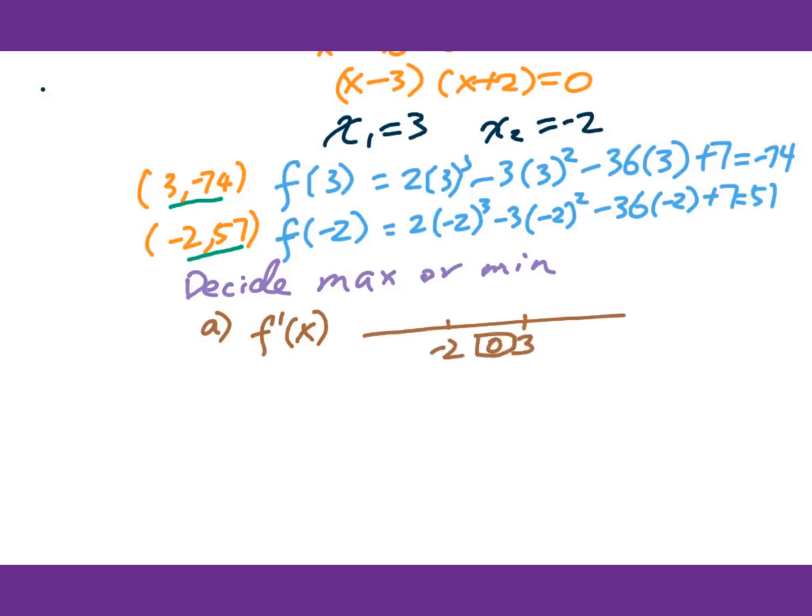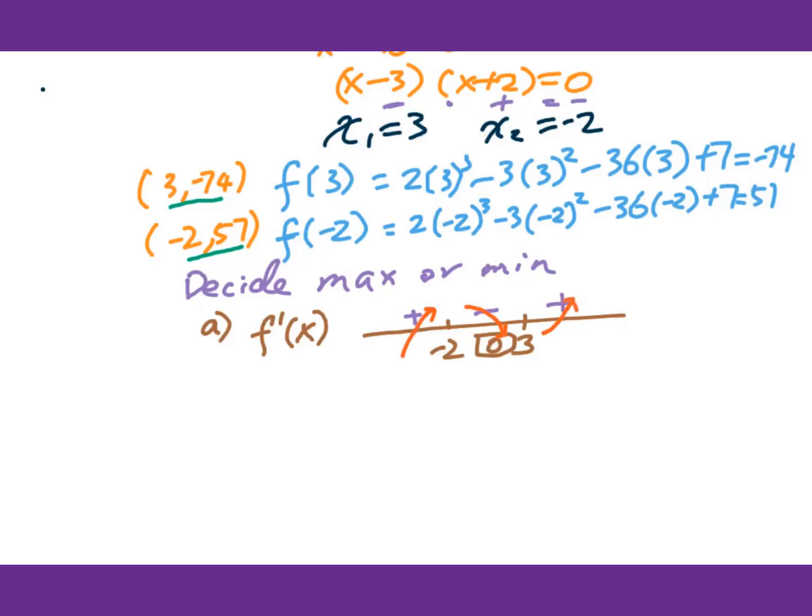We plug in 0. You get negative times positive equals negative. So here's a negative. Since x minus 3 and x plus 2 both are single factors, the sign changes to positive on either side. Then the graph will be going up, down, then going up.